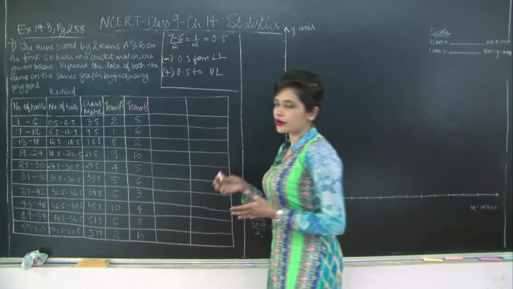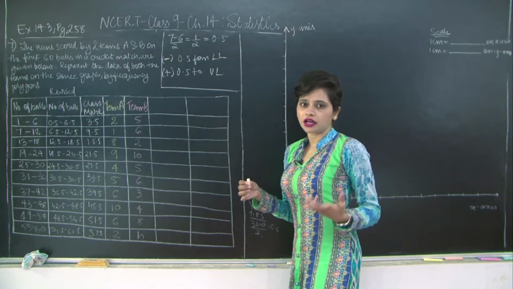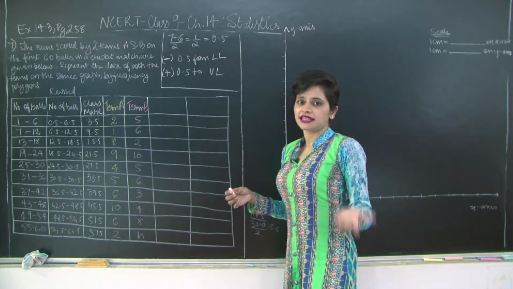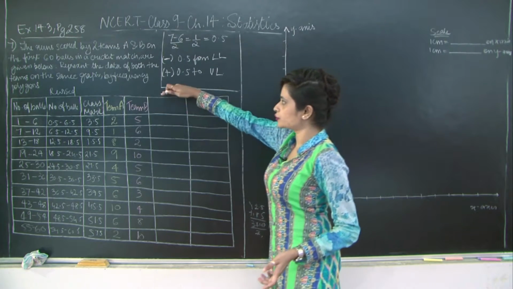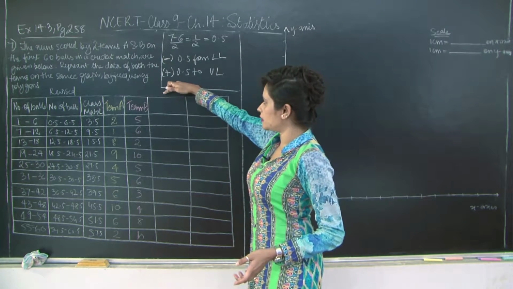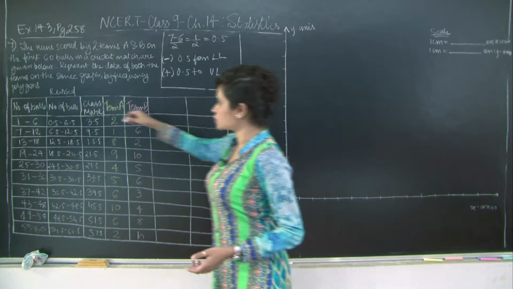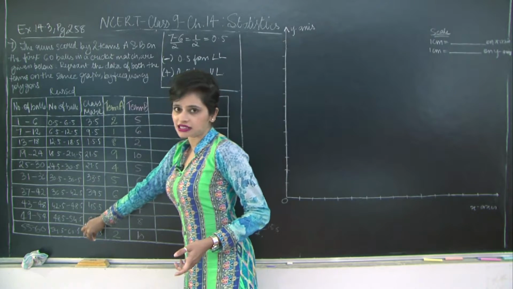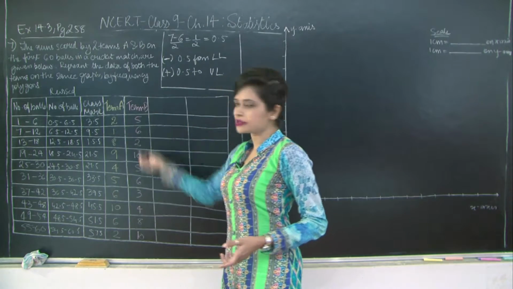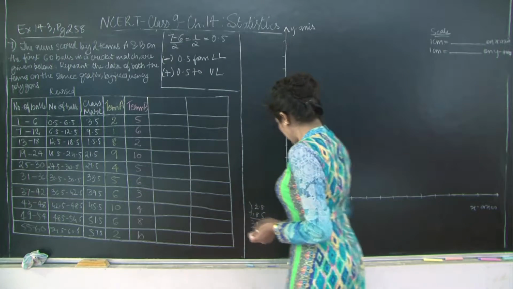Now we need to write down the coordinates. The coordinate pair is nothing but the x coordinate and y coordinate. So I am going to write down the coordinates for team A and team B over here. So the x coordinate everywhere will be the class mark and the y coordinates would be the frequencies of the respective team. So let's write this down.